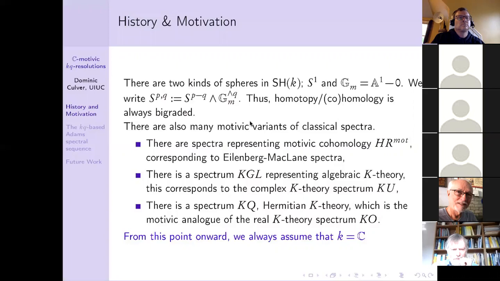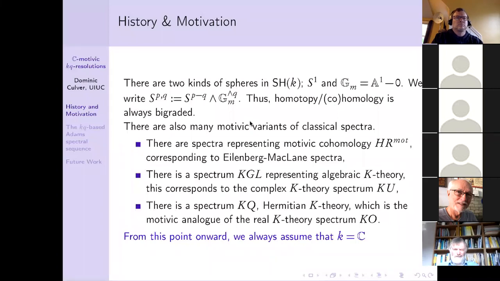And then you have this other thing, which is going to be really important for our talk, called Hermitian K-theory, which is the motivic analog of real K-theory. Okay, so these things all exist, by the way, over general base fields. At least for KQ, you need to make sure that 2 is invertible in the field. Another thing I didn't write down is that you also have a motivic analog of complex cobordism, which is called algebraic cobordism.